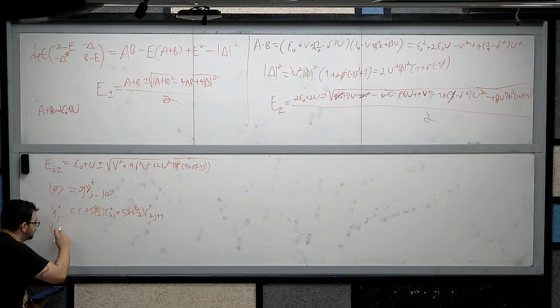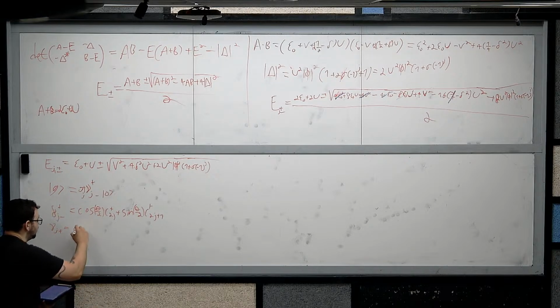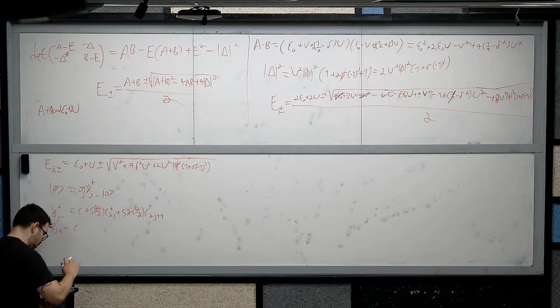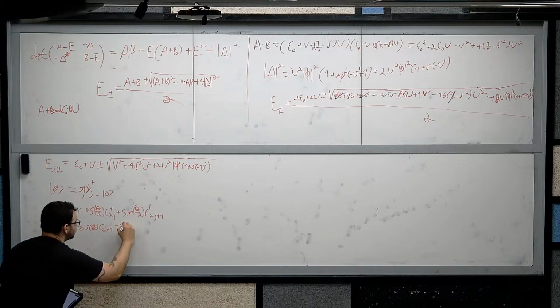Let's just write gamma J plus equal to cosine theta divided by 2 c2J plus 1 minus sine theta divided by 2 c2J.